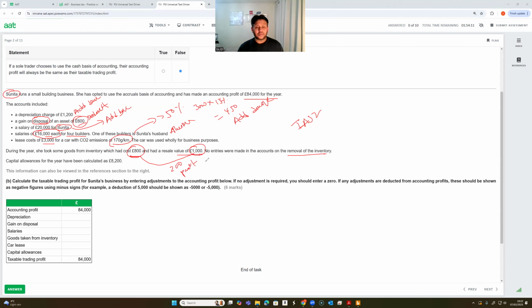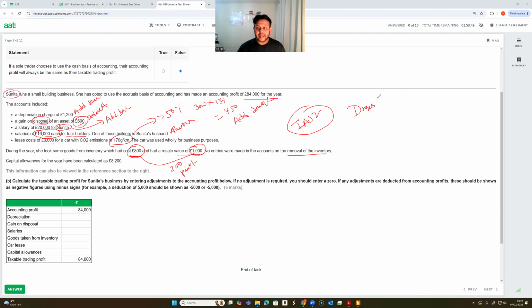So what will be the journal for that? The inventory needs to go because inventory cannot be valued at more than cost. So what will happen? My drawings: if the owner takes anything, either the cash or the goods, if the owner withdraws anything from the business, we call it drawings.